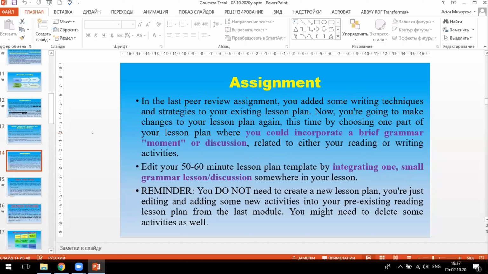So in the assignments, they ask you to incorporate a brief grammar moment or discussion in your lesson plan. As I said before, my lesson plan was about James Bond, Ian Fleming's novel. I put grammar moments there.